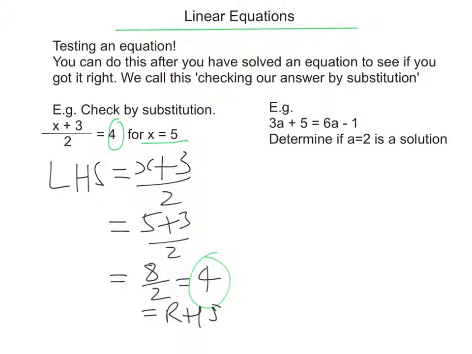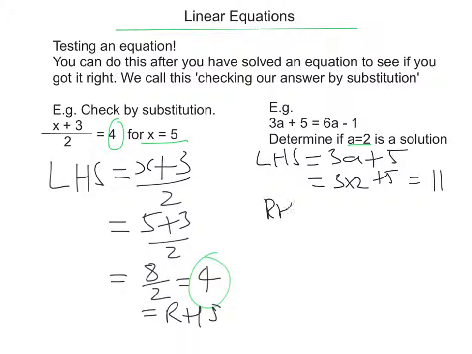In the second example, I'm going to need to work out what both sides of the equation are because there is no simple answer on either side. So let's do left-hand side first. The left-hand side is 3a plus 5. That's equal to 3 by 2, because a is 2, plus 5, which is 6 plus 5, which is 11.